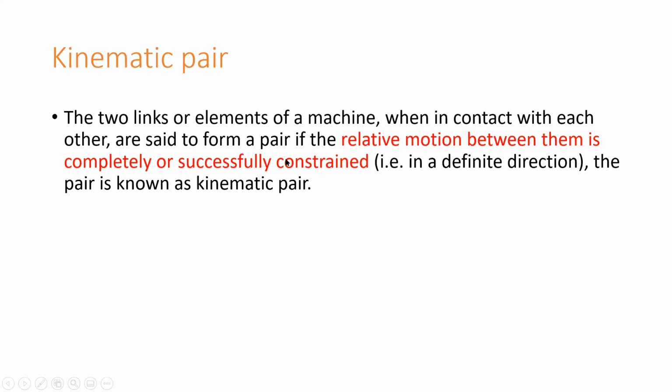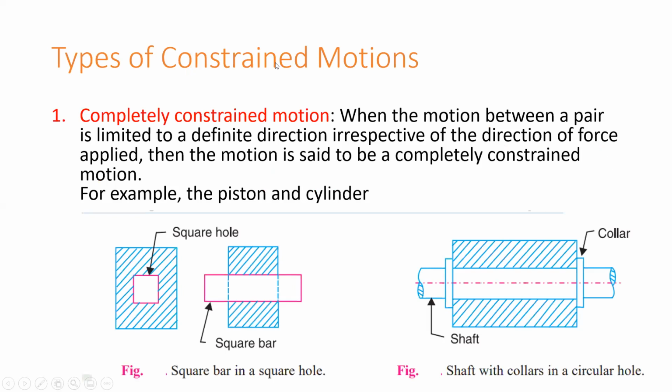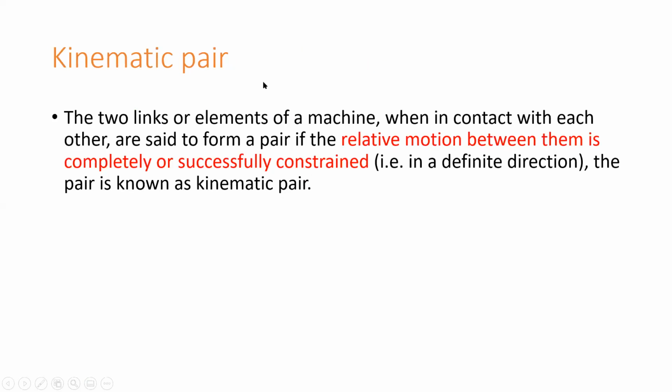So here there are two concepts. Two links which form the pair should be in contact with each other, and whatever relative motion is between them, it should be constrained motion. For example, I will explain what the constrained motion is.